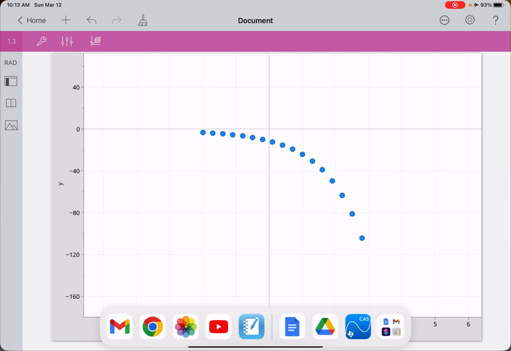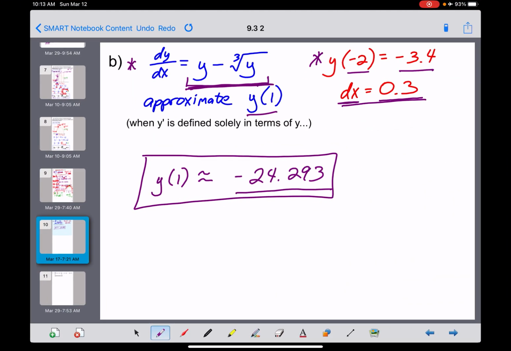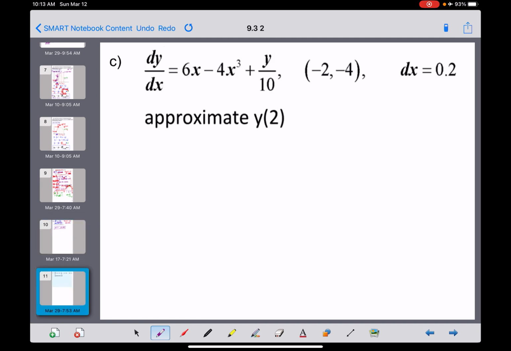All right, so the point I hope I made right here, guys, is that the calculator makes this setup really quick and really easy. The most complicated example I was going to do, probably not surprising, is the last one. And what makes this one hard, guys, is that our diffie-q is now defined both in terms of x and in terms of y. But because we were smart and we set up in our calculator f1 as a function that used 2 inputs, x, y, this really should be a piece of cake now, guys.